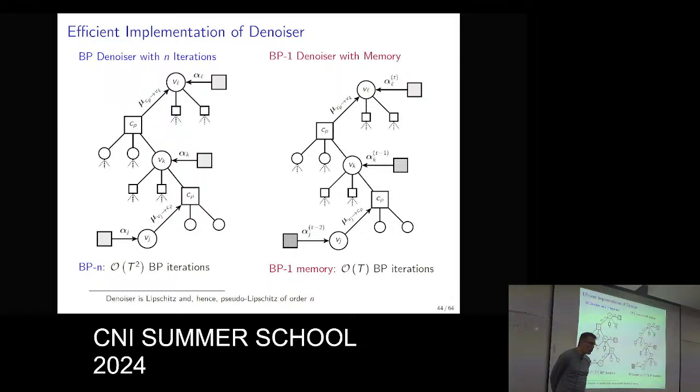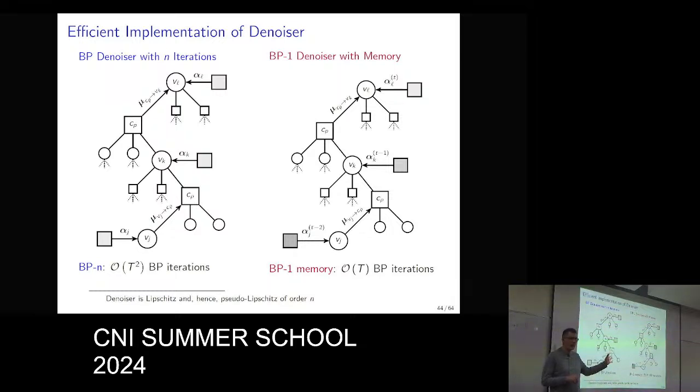So one way to circumvent this is to do the following. Get an observation from your AMP algorithm. This is an effective observation. This is what you're passing to your decoder. Do one round of approximate message passing, but save the state of the graph. Keep it there.